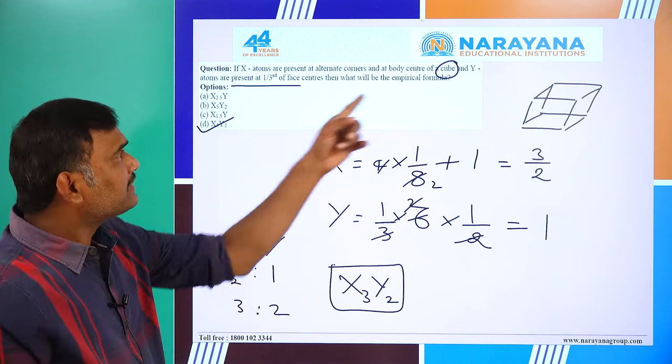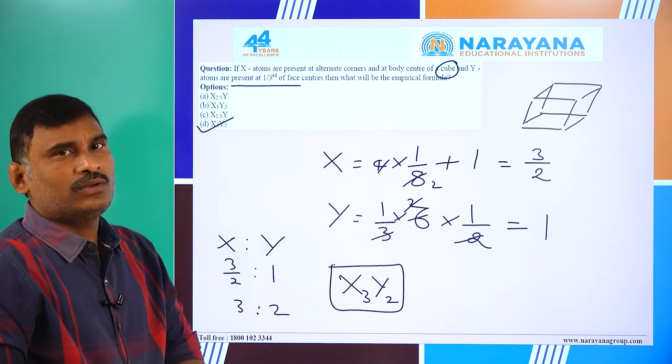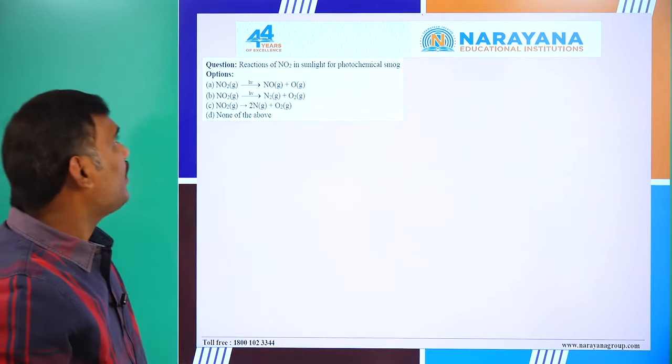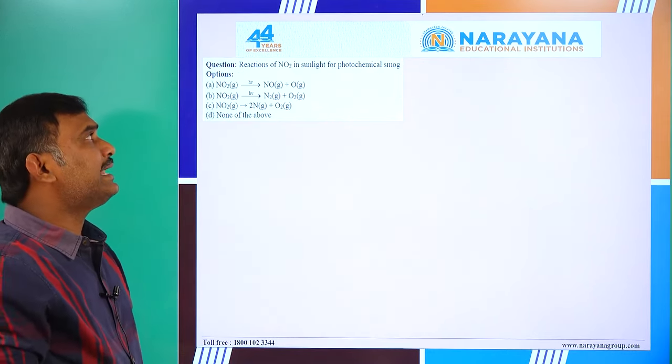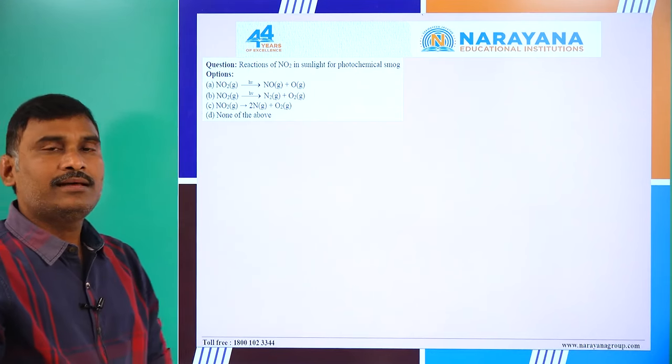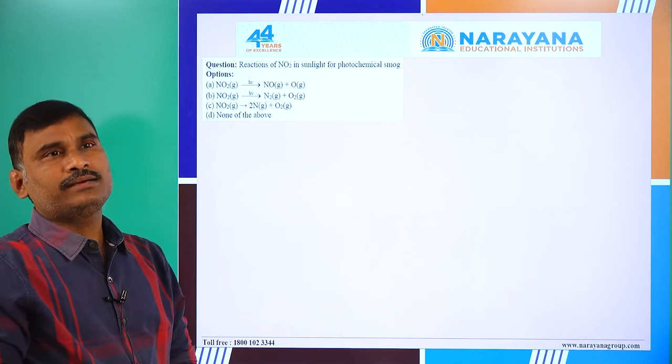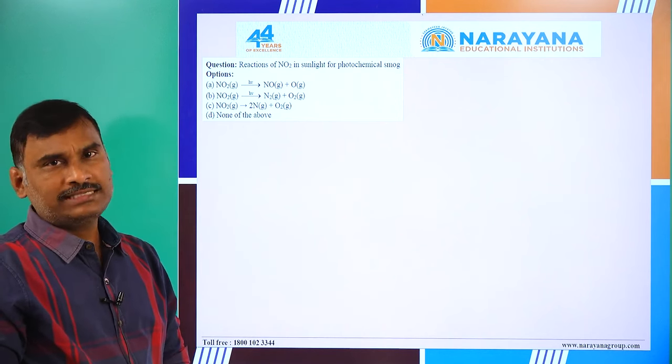They are asking you the empirical formula, which is the lowest ratio. Now, reactions of NO2 in the sunlight of the photochemical smog. Actually, when fossil fuels are burnt, they produce different types of pollutants.